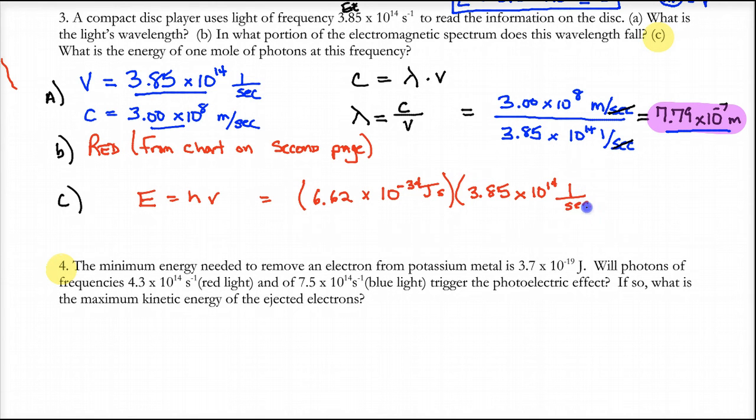How many waves per second, a hertz? And that's it. Let's put that in our calculator. All right, I get 2.54 times 10 to the negative 19, and of course seconds go bye-bye, and I'm left with joules, and that's the energy per photon of red light.